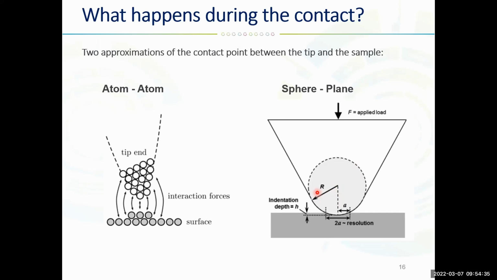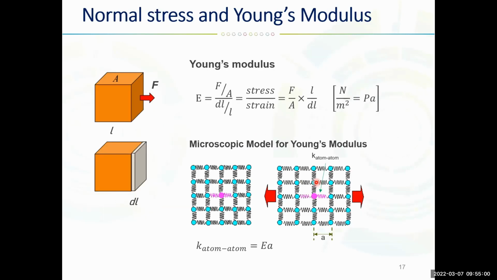AFM, in general, as a method, jumps back and forth between these two different points of view, and just keep in mind that depending on what you want to see or calculate, you might use different approaches here.